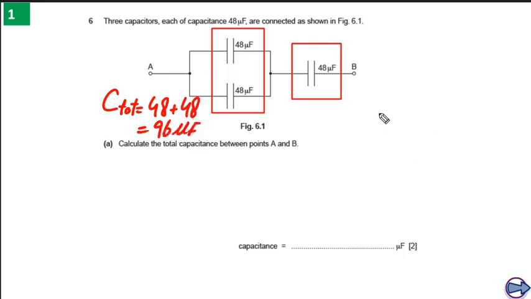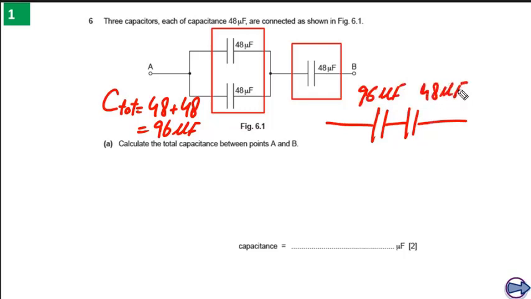So now we can redraw this one. You can see here now we have two capacitors. One capacitor has capacitance equal to 96 microfarad and the other capacitor has capacitance equal to 48 microfarad, and these capacitors now are connected in series, and we can find the total capacitance.